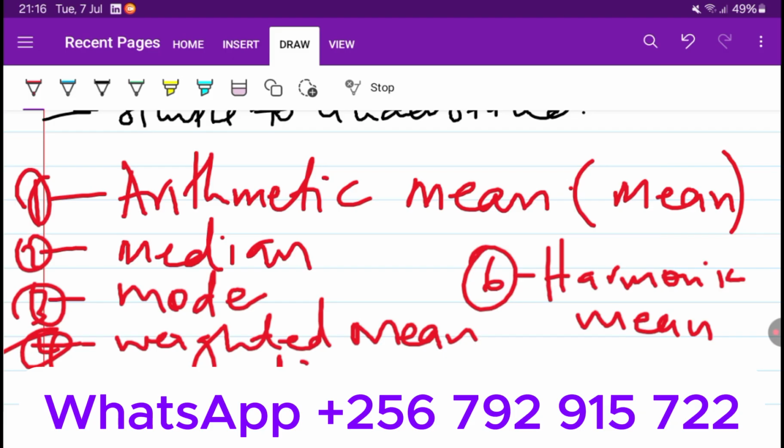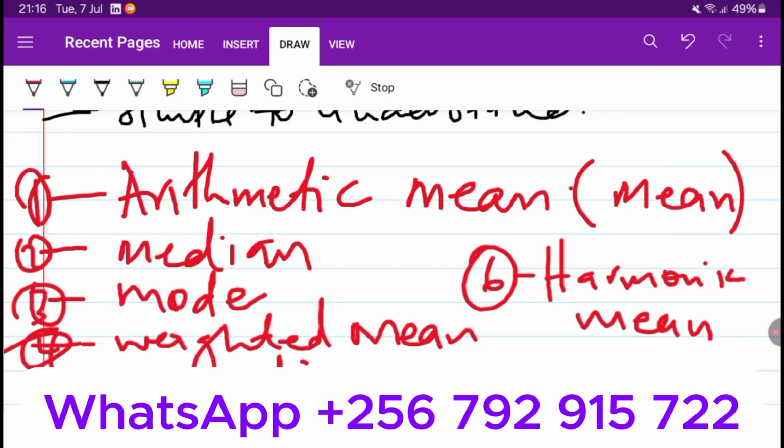Once we are done with all of this, we will be done with the measures of central tendency. But before we complete those, we need to understand each of those items with their advantages and disadvantages.